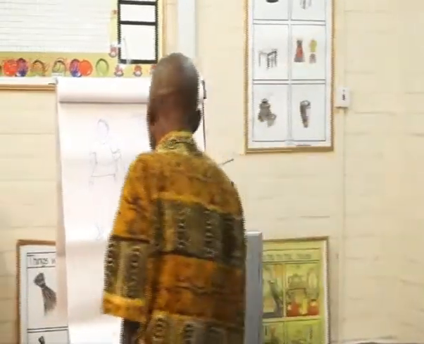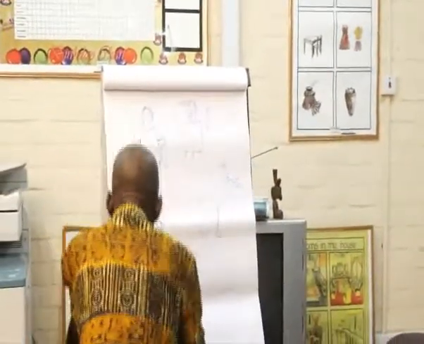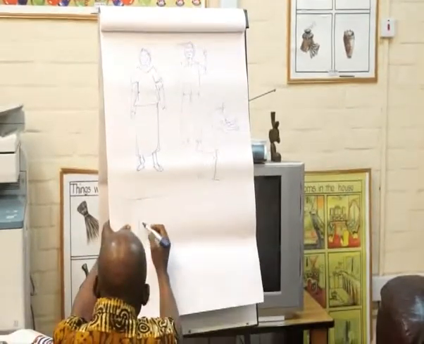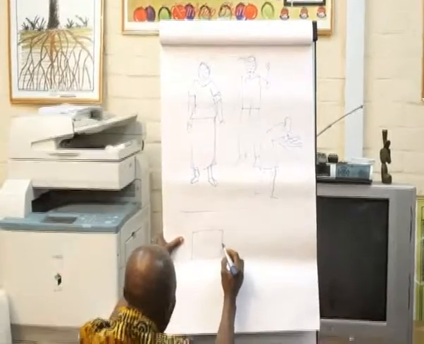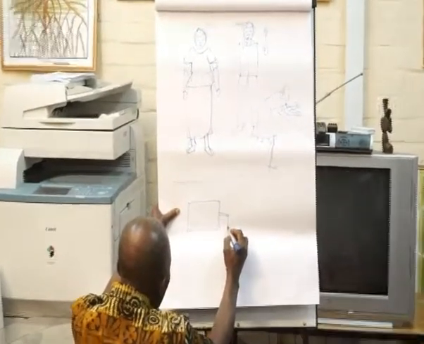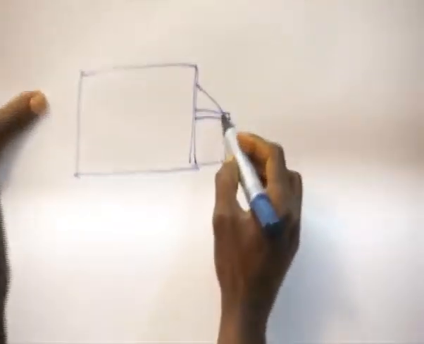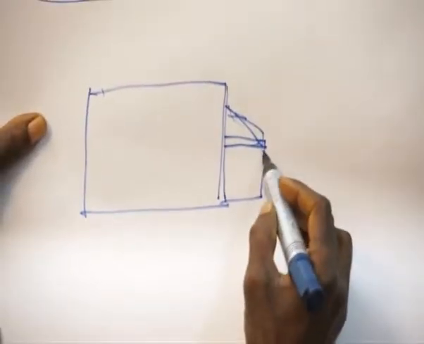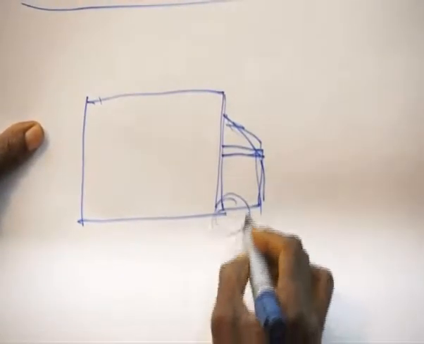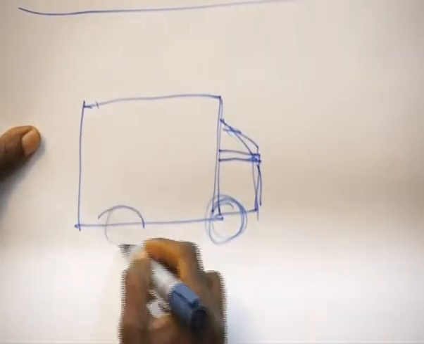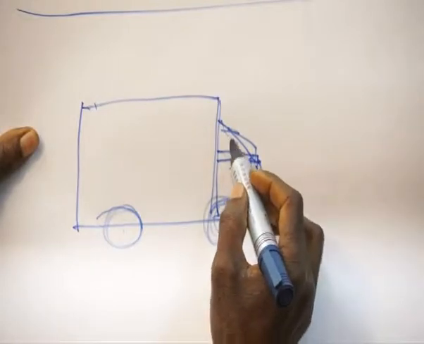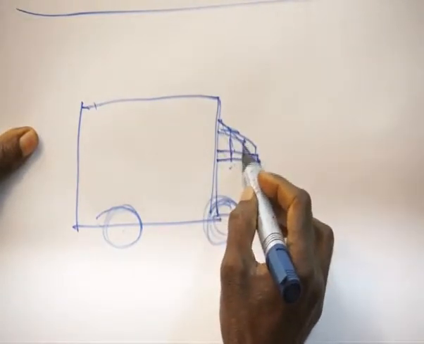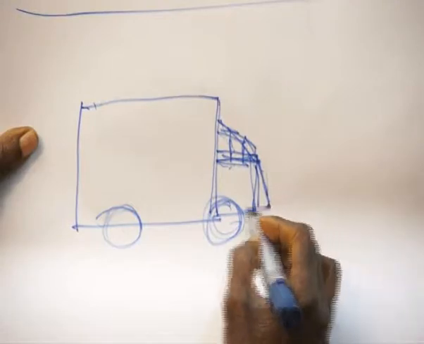If we want to draw some vehicles, we have got the basic shape, as we said. You can add this shape, then maybe this shape, then lorry here, tire here, and this can be your van. The van.